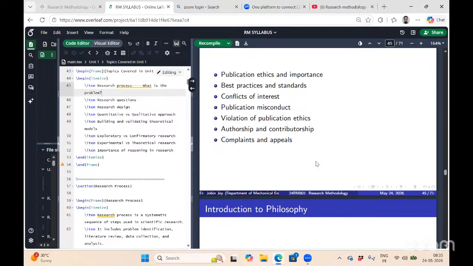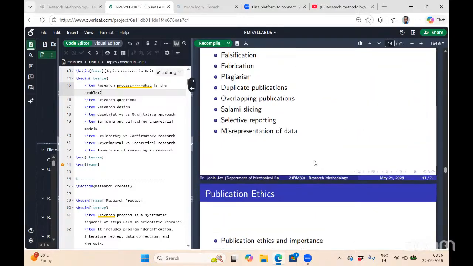For example, you have a research, and you publish the same research paper in two different journals. This is what is called a duplicate publication. This is an example of scientific misconduct or publication misconduct.